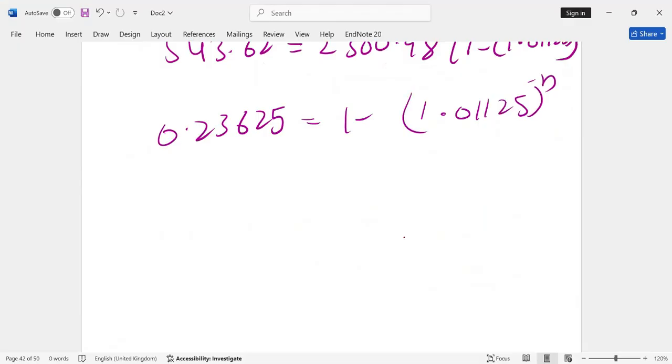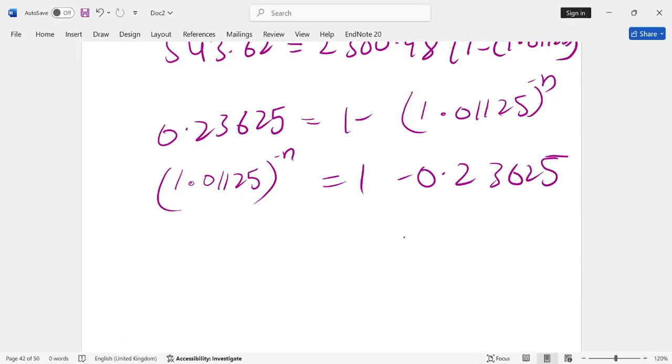I'm taking this value to the other side, and we have 1.01125 power minus n equals 1 minus 0.23625. So what we got is the value 0.76375.